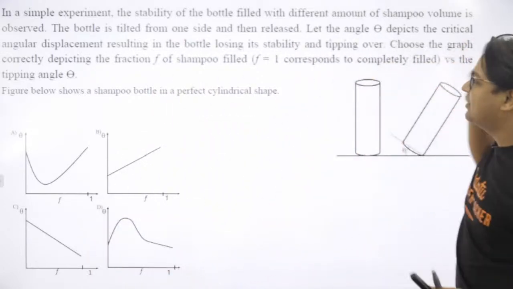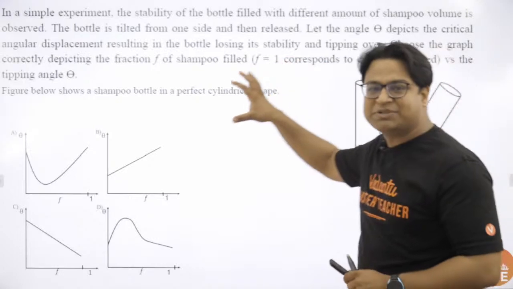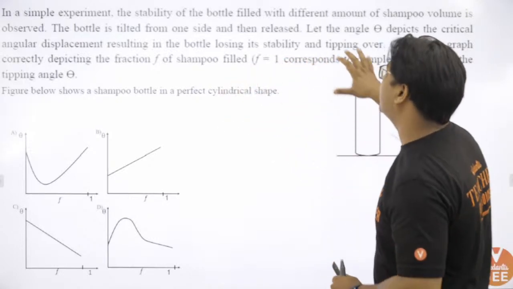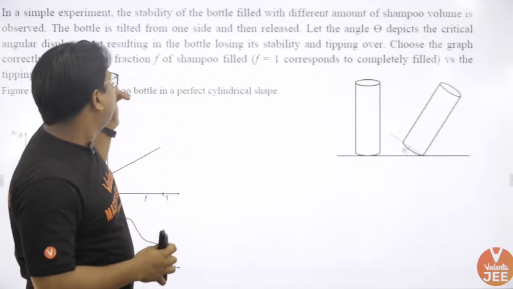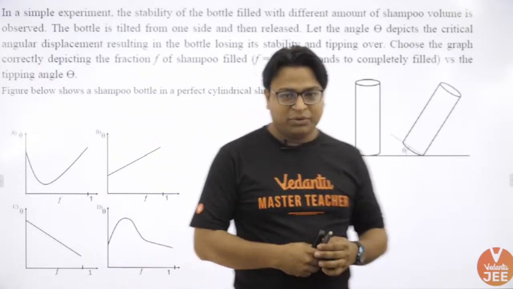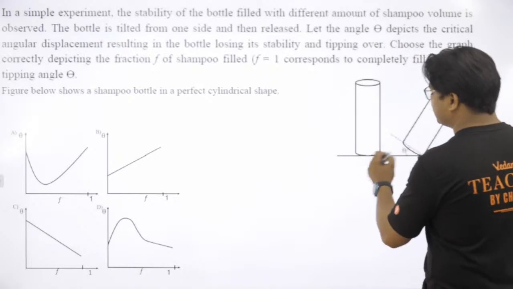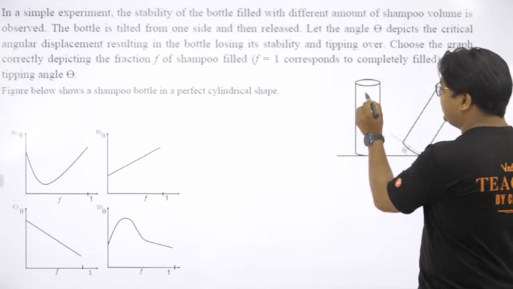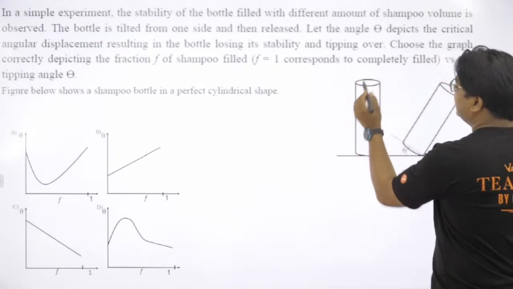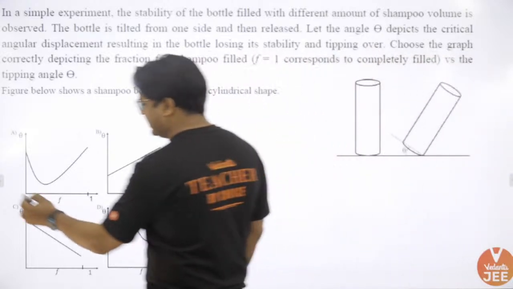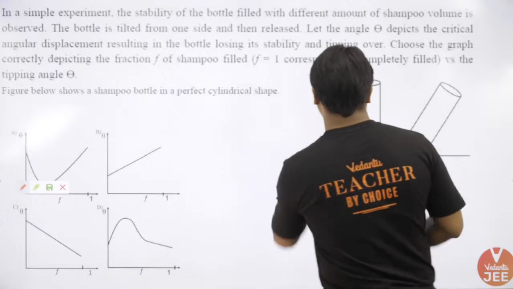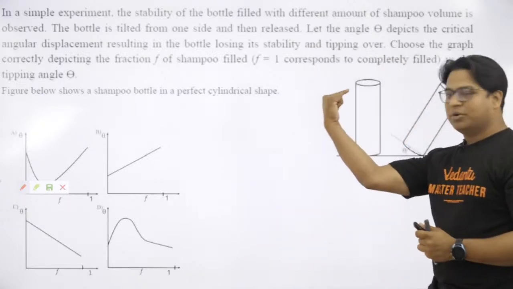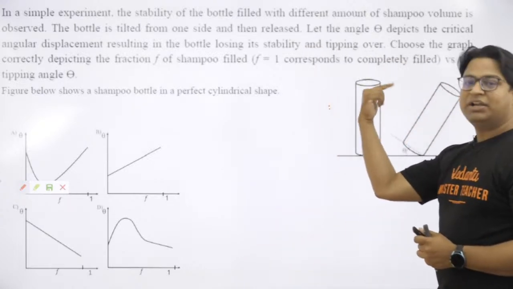It says that we are doing a simple experiment in which we are checking the stability of a bottle filled with different amounts of shampoo in it. Okay, so this is a bottle. Let's say it was empty first. So we tilted this bottle until it became unstable. When I say unstable, it means that we kept on pushing this bottle slowly until it fell.